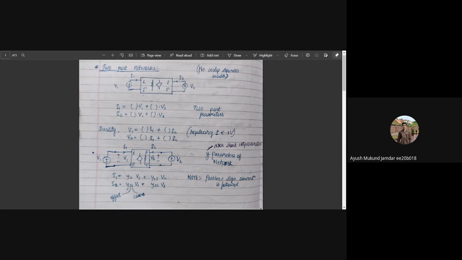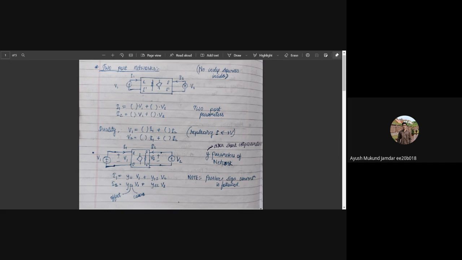Again, Y12 is basically the effect on the first port due to something that is happening on the second port, and that too when the other parameter of port 1 is 0.